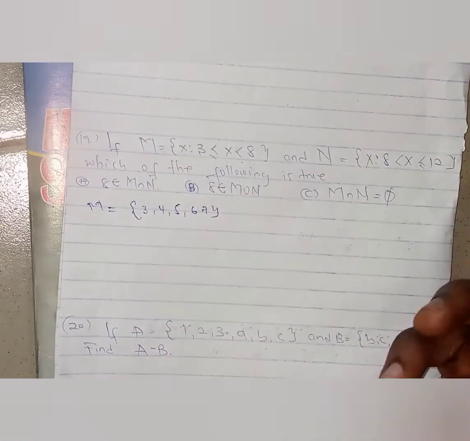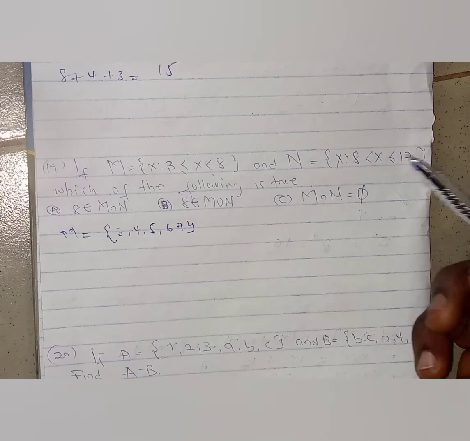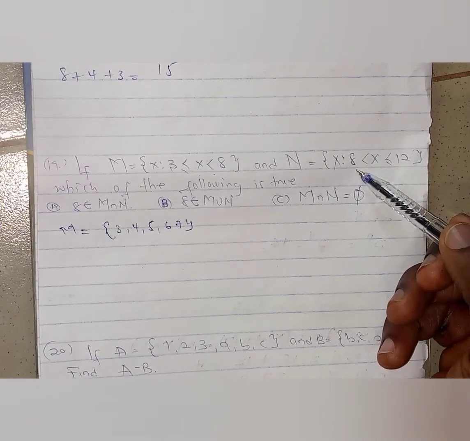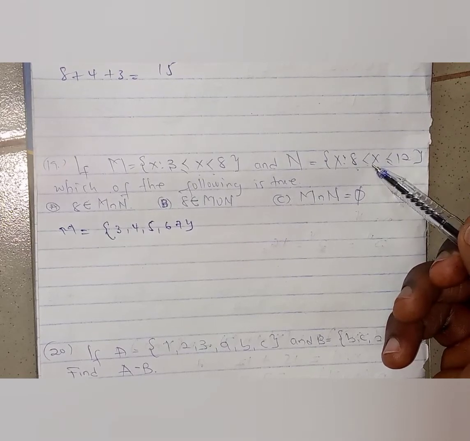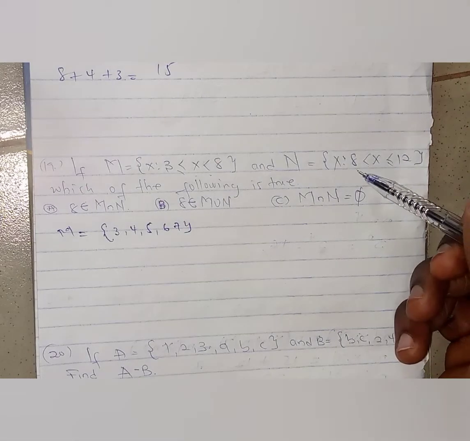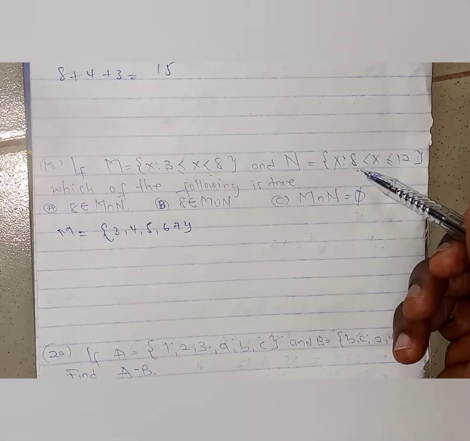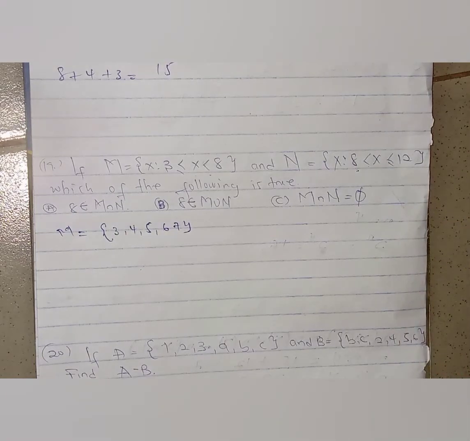X is less than 8, so it has to end in 7. And set N: 8 is less than x. It can also be interpreted as x is greater than 8.